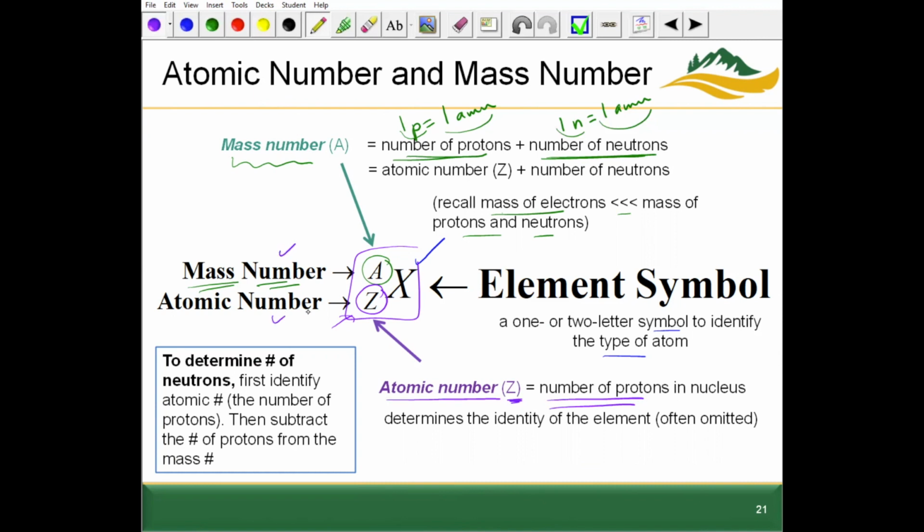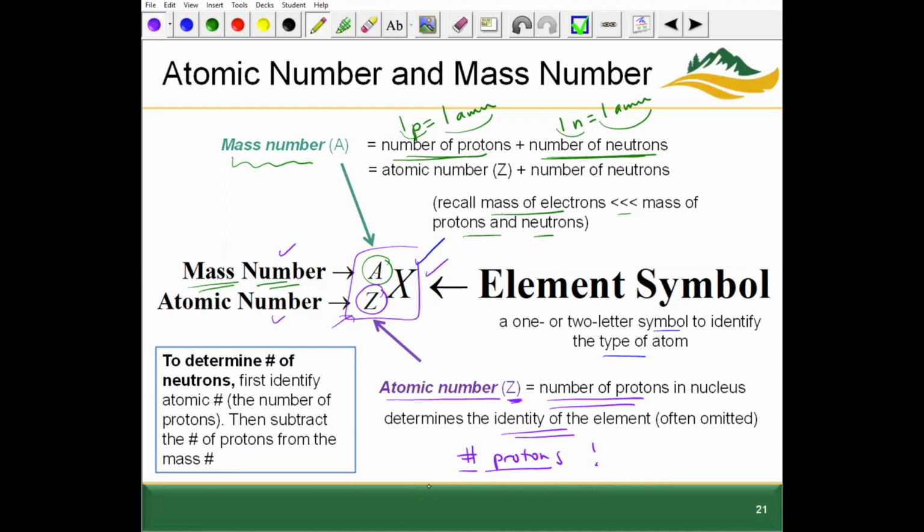Very important concept here: the atomic number Z, the number of protons, is the only thing that determines the identity of the element, other than the element symbol, of course. For one specific element, the number of protons will always be the same. If the number of protons changes, we have an entirely different element.